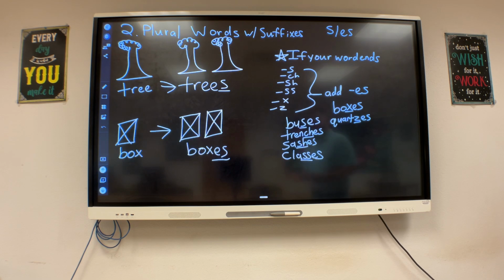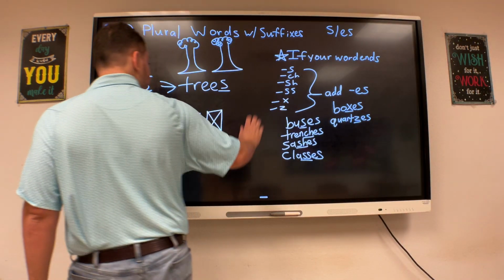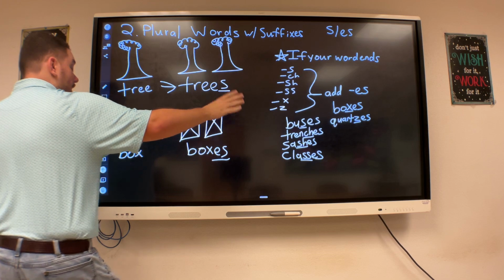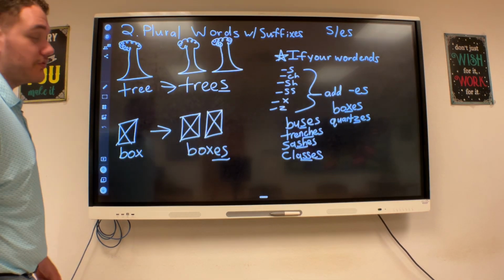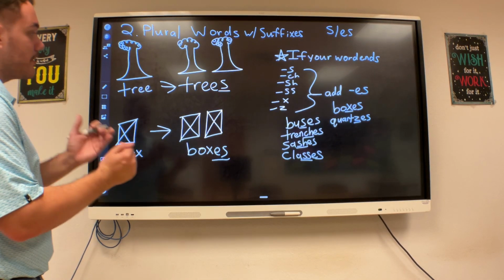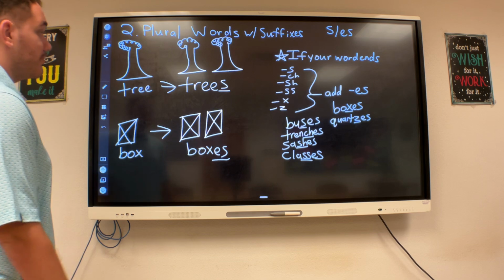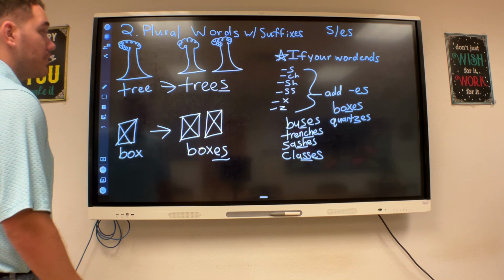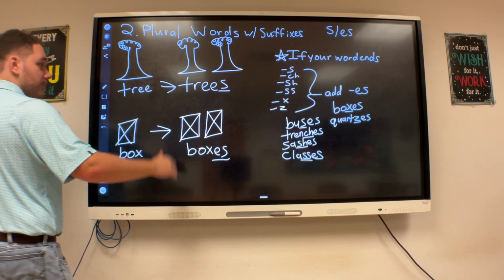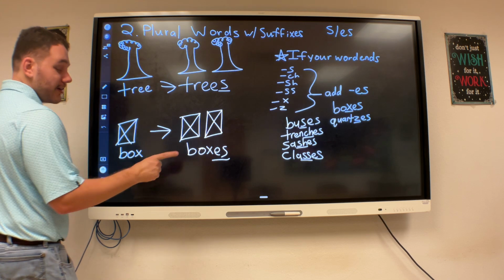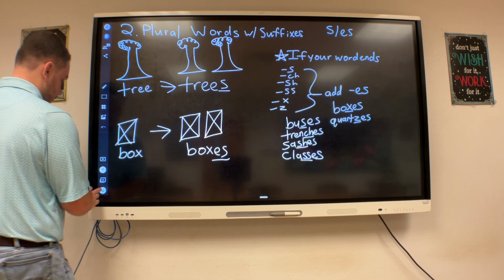And pretty much anything other than that would have an S. That was kind of straightforward. You can write this down. I don't expect you to remember every little combination. But if your word ends in one of those formats, you're just going to add ES to make it plural.